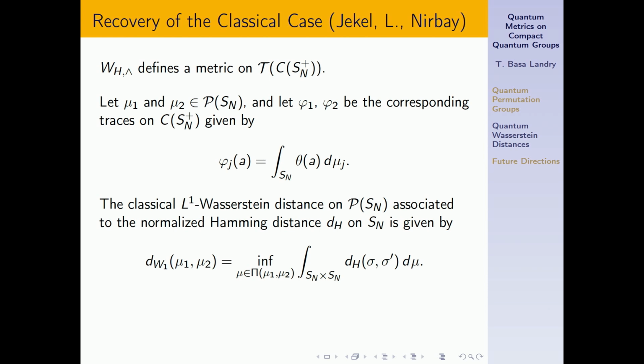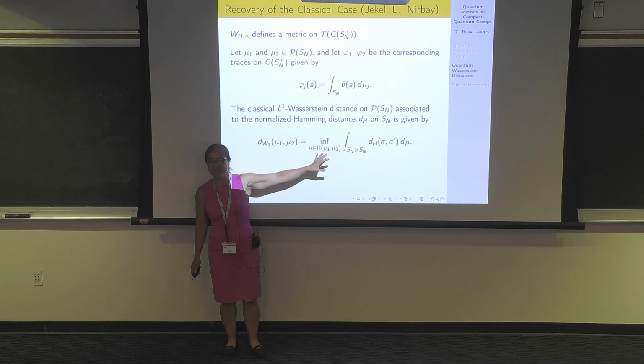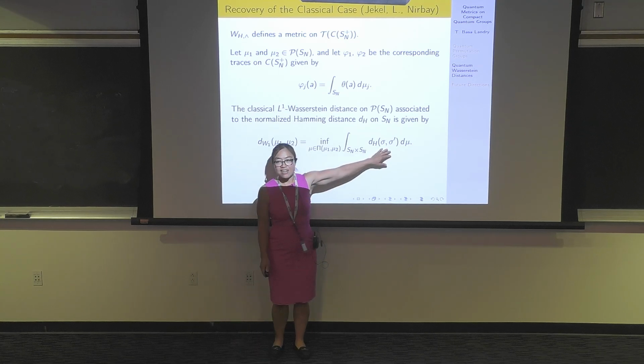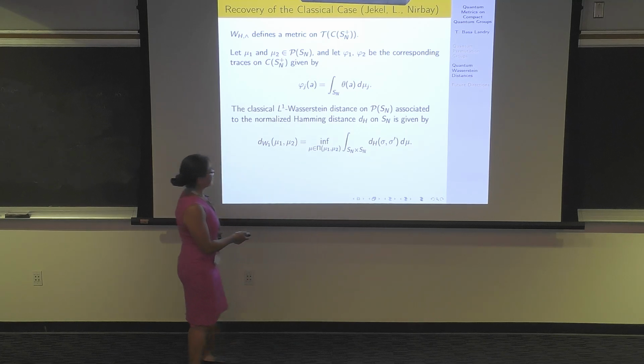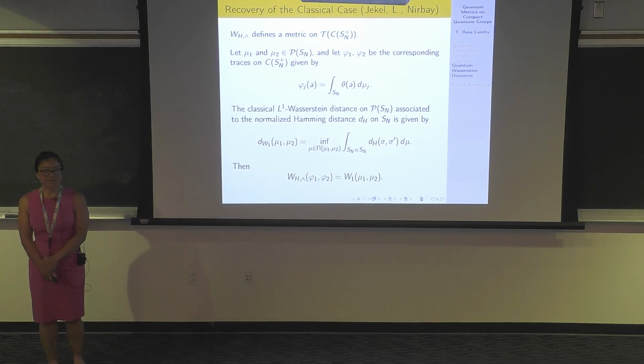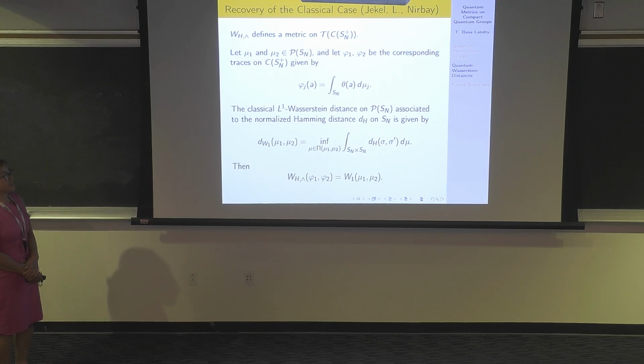Here is the classical Biane-Wasserstein distance in this group setting, and this is just the usual coupling with marginals. Here the cost is the normalized Hamming cost. We're able to show that they agree when restricted to the traces coming from the classical probability measures.